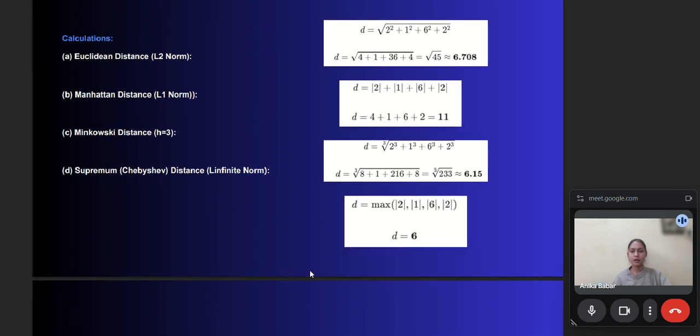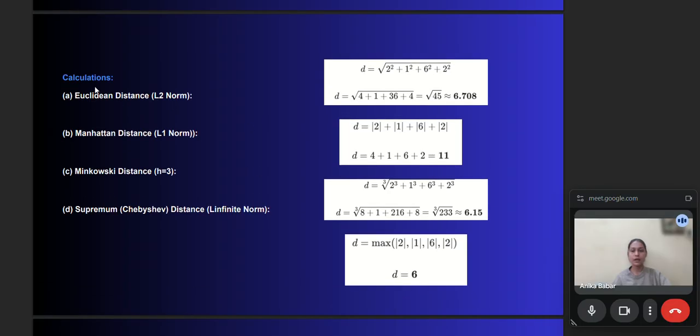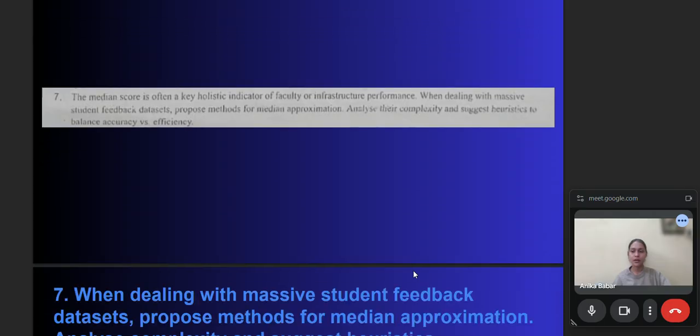Now we have to calculate more distances. So first, Euclidean distance, which is 6.708, Manhattan distance, which is 11, Minkowski distance, which is 6.15, and supremum distance, which is 6.